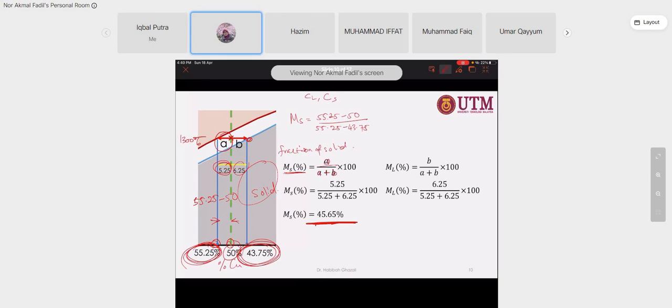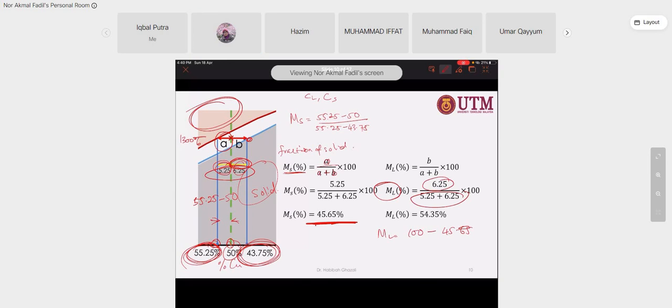And also, if you want to determine the fraction of liquid, liquid is located somewhere here. So you take this length over the total length: 6.25 divided by total length, and you get 54.35. Or ML also equals 100% minus 45.65, so the total is 54.35%.